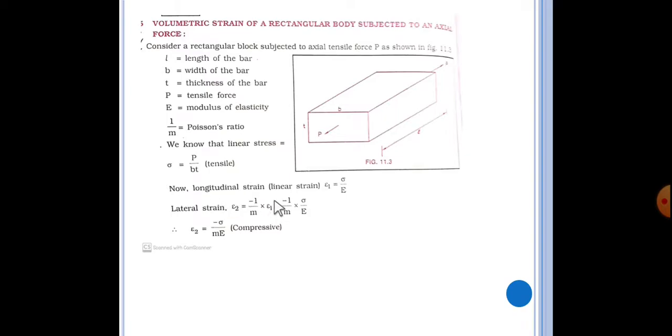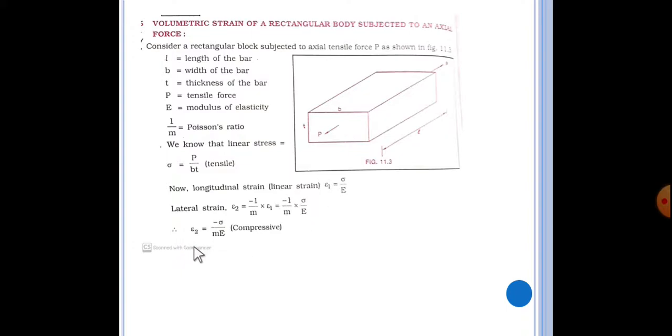Now the longitudinal strain is equal to delta L upon L, or else sigma upon E, and the lateral strain is mu into epsilon. So strain 2 is equal to minus 1 upon m into sigma upon E, because it is a decrease.